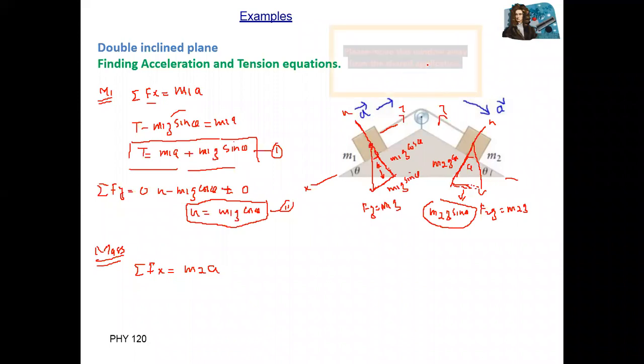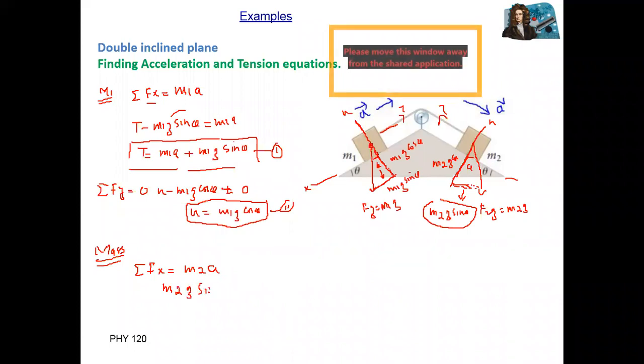So we can write m2g into sine of theta minus tension force equals m2a. This is equation number 3, the sum of all forces along the x-axis on mass number 2.